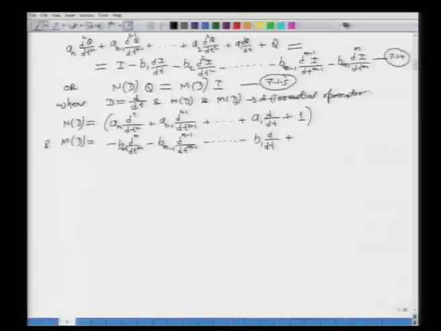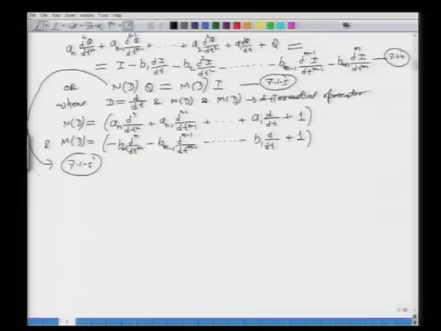Anything else? Yes, there will be plus 1 also here corresponding to I, which comes from the continuity equation.